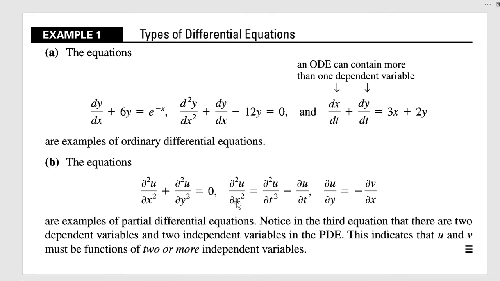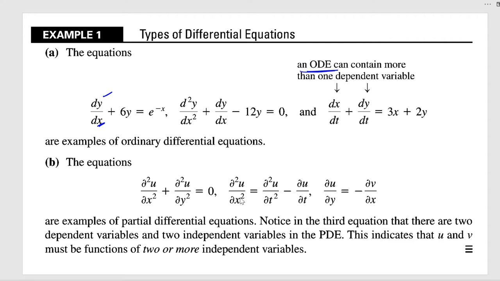For example, in fact, some of the topics will be repeated from your school level mathematics. If we have one independent variable and one dependent variable, then we also call it an ordinary differential equation.